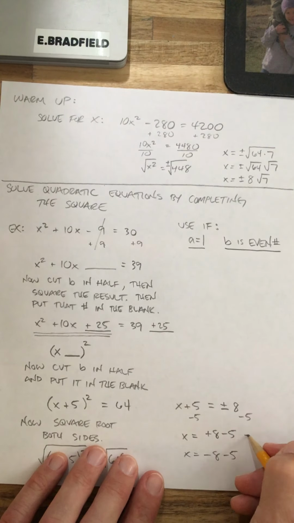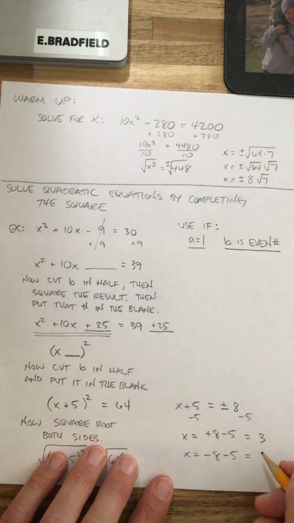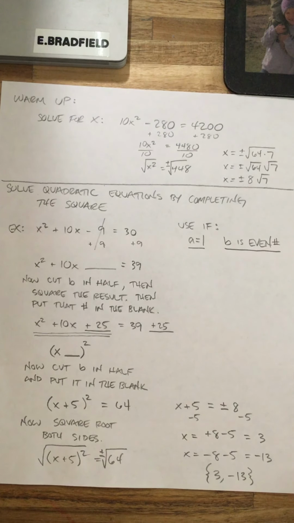So x equals plus 8 minus 5 is 3. And negative 8 minus 5, what's that? There you go, negative 13. Okay, so there are my two answers, 3 and negative 13. All right, those are my two answers, just like that.